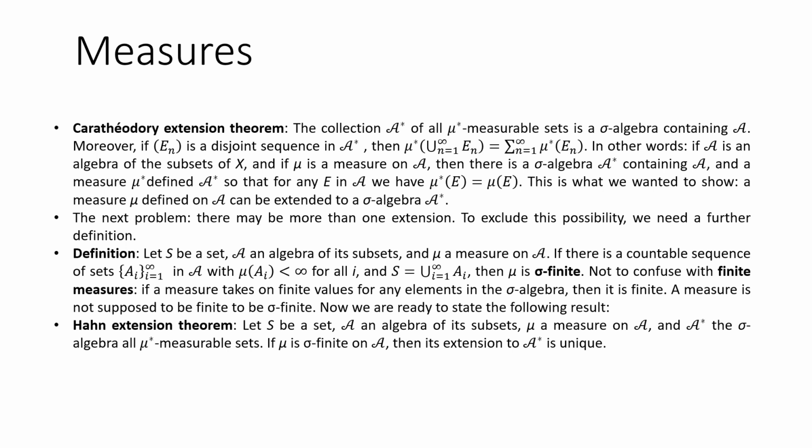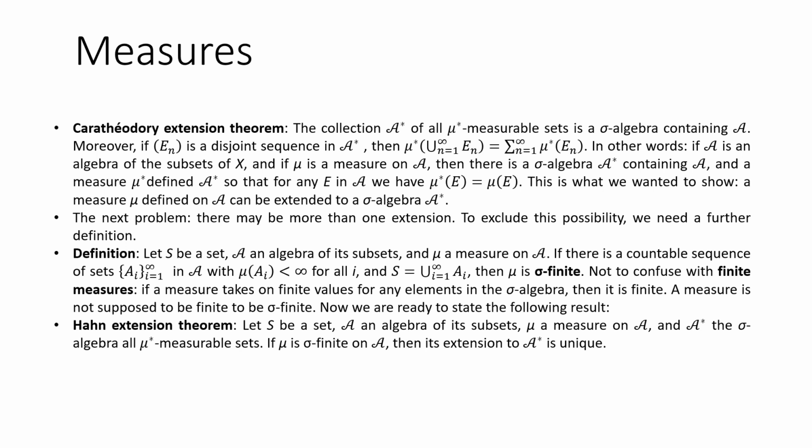The finite version is the simplest because a measure is finite if it is not infinite. So if we have a measure which doesn't take on positive infinity for any element in the sigma algebra, it is finite. Sigma finite measures are different because for a measure to be sigma finite, we must have a series of subsets, the union of which is the state space, and for which the measure must be finite.